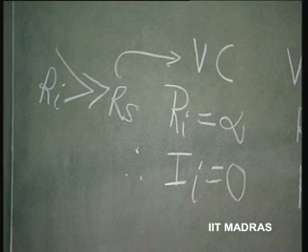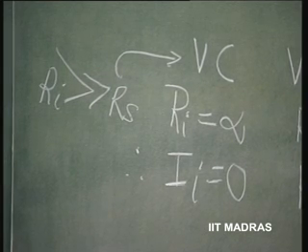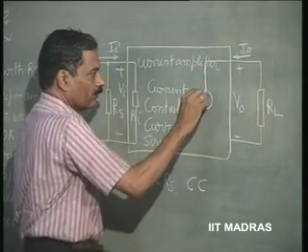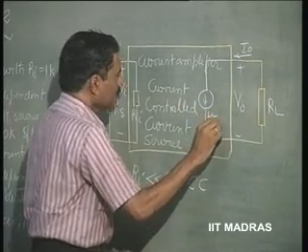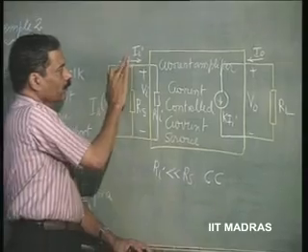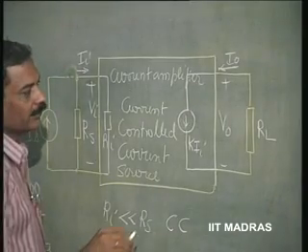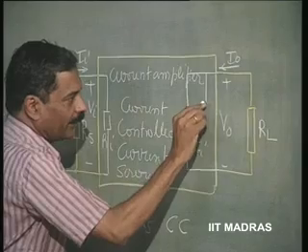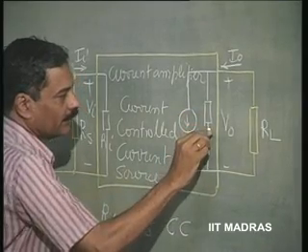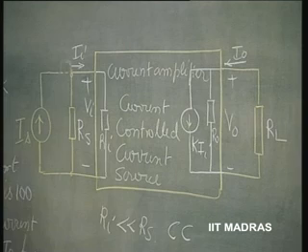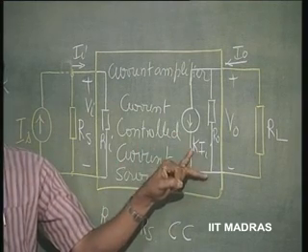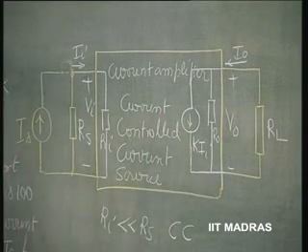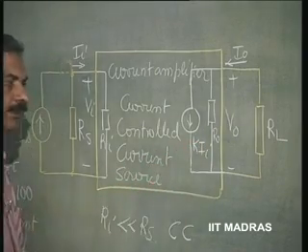Once again, the current source output K times Ii is going to be shunted by a finite output resistance of the amplifier. This way you are representing a non-ideal current source at the output. This is a dependent non-ideal current source, K times Ii shunted by R naught.